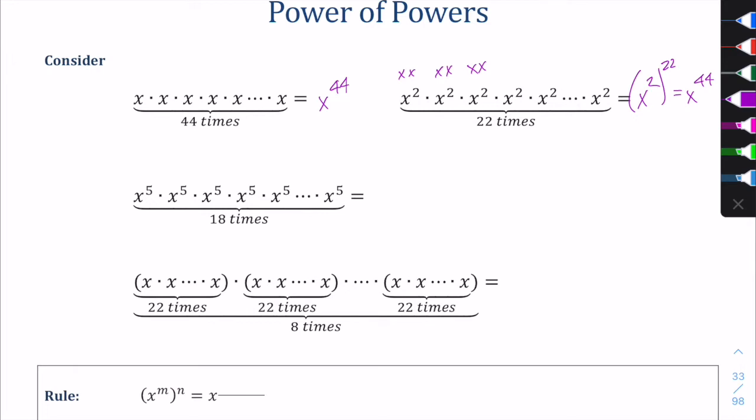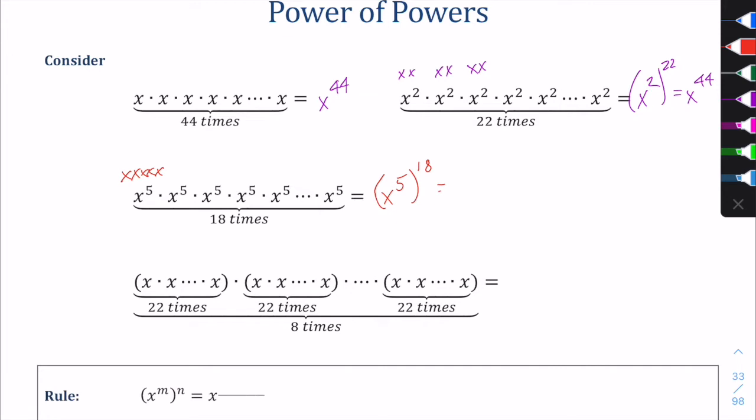All right, let's check out this next example. X to the 5th times x to the 5th times x to the 5th, 18 times. Well, each of those is 5 x's. I do not want to try to write all of these x's. We could rewrite this as x to the 5th, and since there are 18 of those, it's to the 18th.